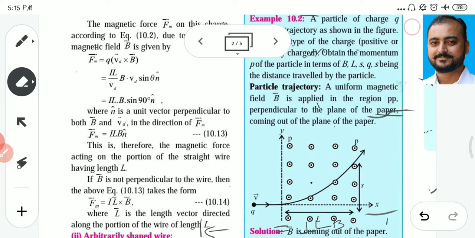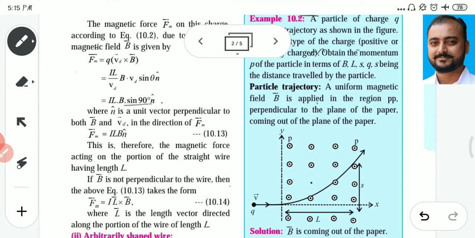So the relation becomes I L B sine theta n cap, and that can be written again as I L bar cross B bar.